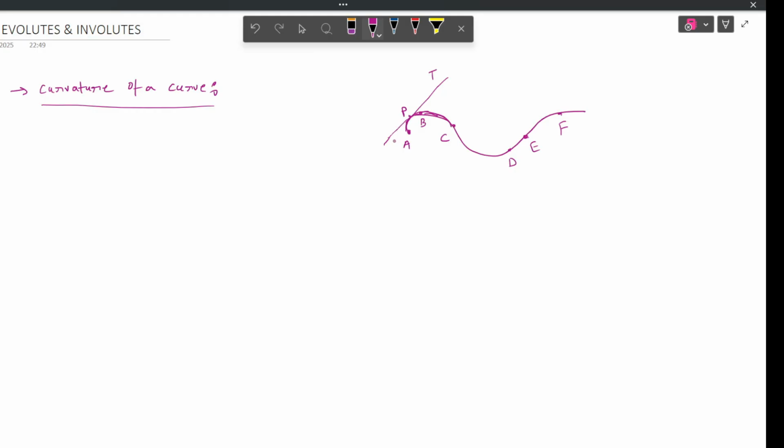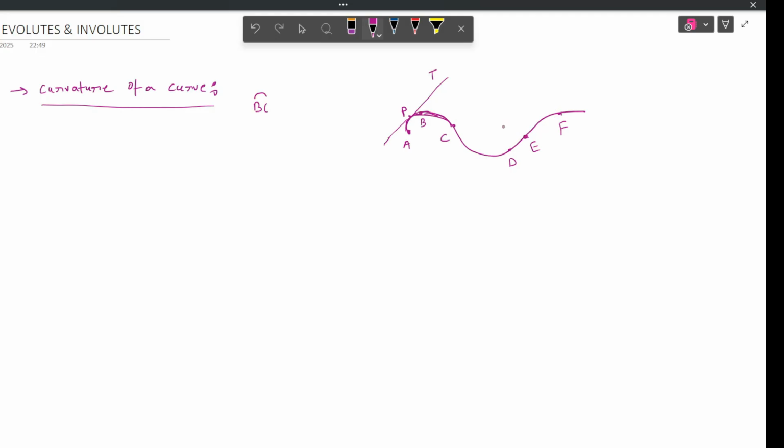We call this bending of the curve. The bending of the curve in the portion BC is greater than that in the portion AB. Similarly, if we compare the amount of bending in the portion CD with the amount of bending in the portion EF, we shall see the bending is very little as the point P passes from E to F. It is almost linear, right?